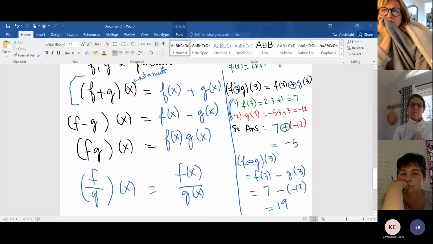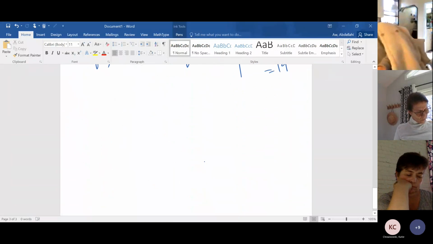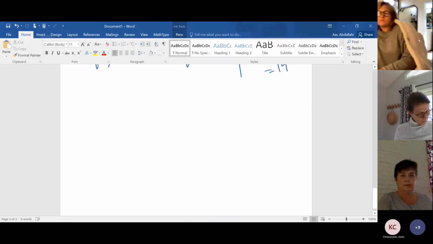So this is what we're going to do in 5.2. We're going to learn how to add, subtract, multiply, and divide functions, through examples. For instance, let's do this one together.